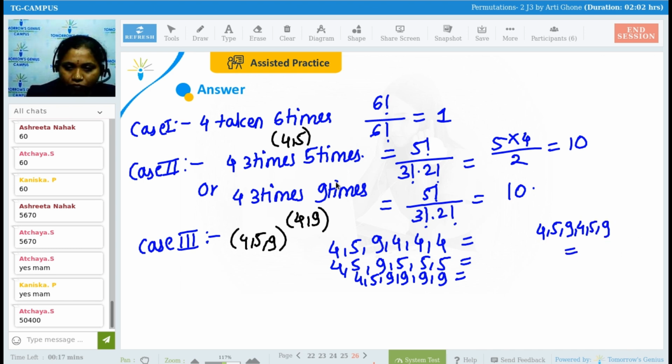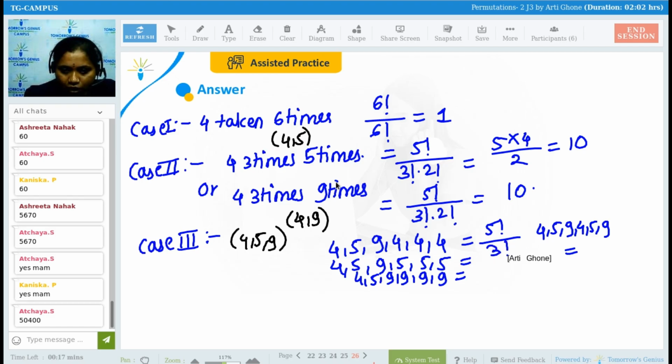This one is 1 2 3 4 5 6. So the unit place is taken, so it is 5 factorial upon 3 factorial, 5 factorial upon 4 factorial, and 5 factorial upon 4 factorial. 4 is already fixed, so I am taking 5 factorial upon 3 factorial.